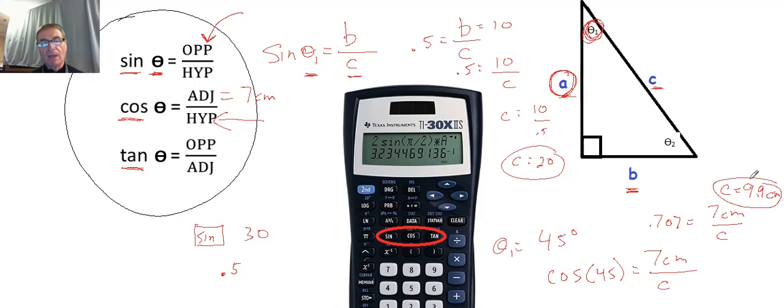Well, again, what if in the third case we are given the opposite side and we're interested in finding the adjacent side? In that case, we use the function called the tangent on our calculator. Just another function.